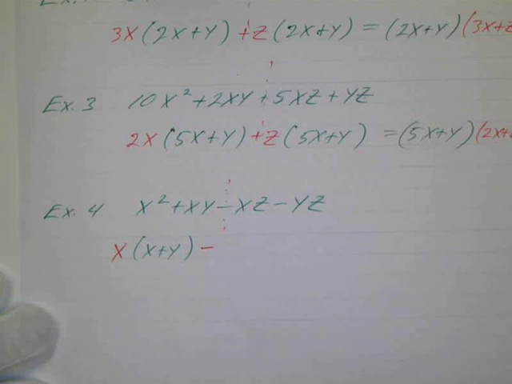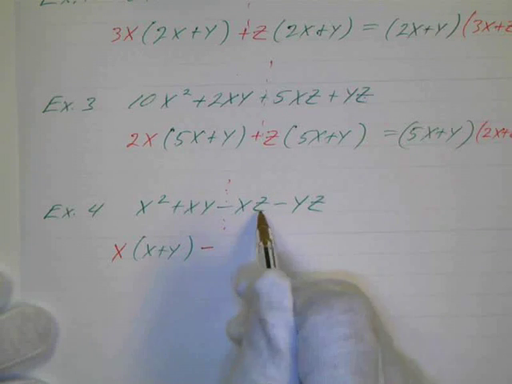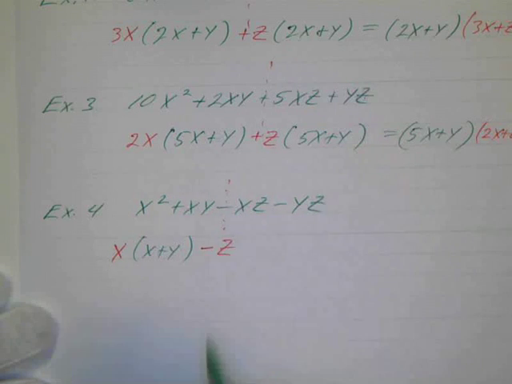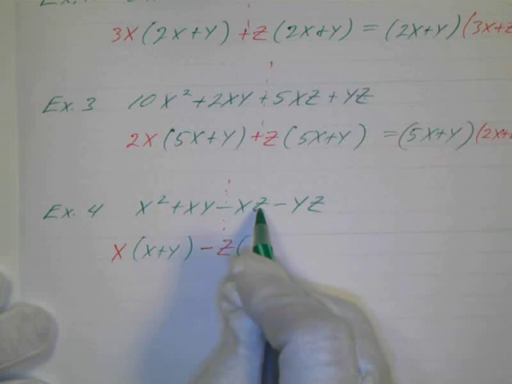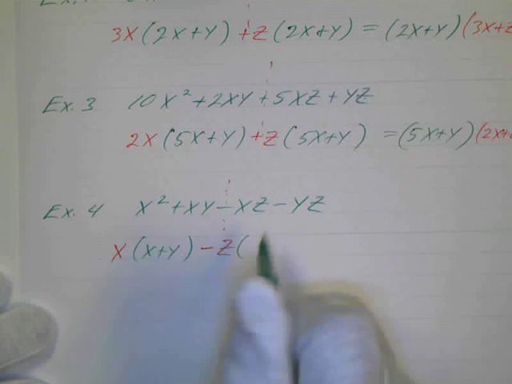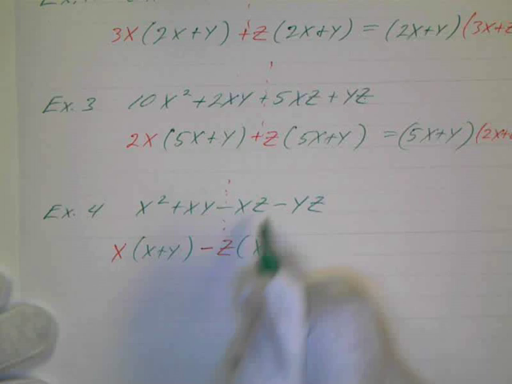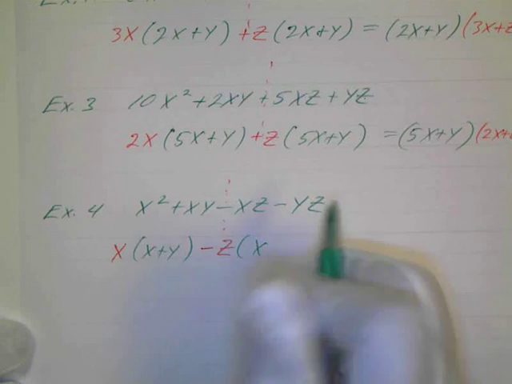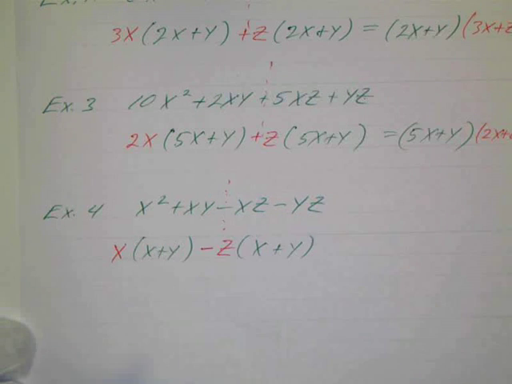My common factor is going to be z, so I'll take out a negative z. Now, if I take out the negative z, what's left is just a positive x. And if I take out a negative, that's going to leave me with a positive y. So whenever we have a negative sign there, we factor that out when we're doing the grouping.